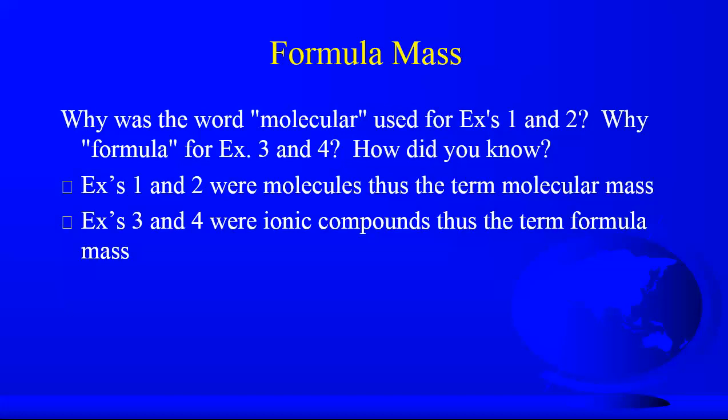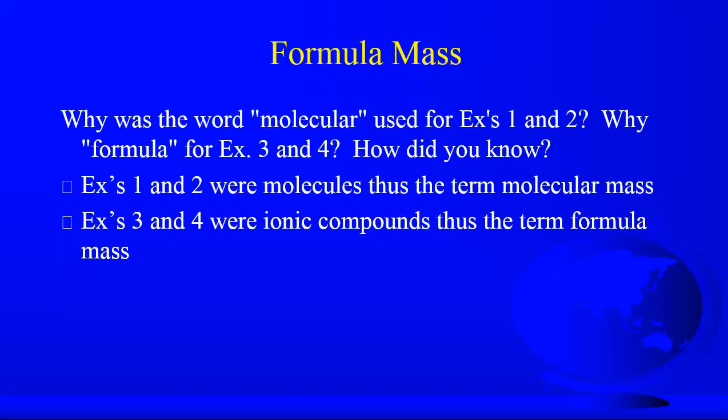Those are ionic. We can't refer to them as molecular because they're not molecules. They're ionics. So we use the word formula mass to refer to their total mass, their weight. Okay? But Phoebe said it correctly. It's synonymous. It really doesn't matter.